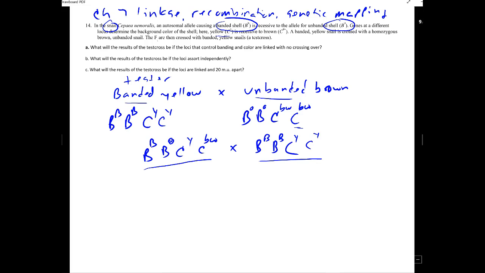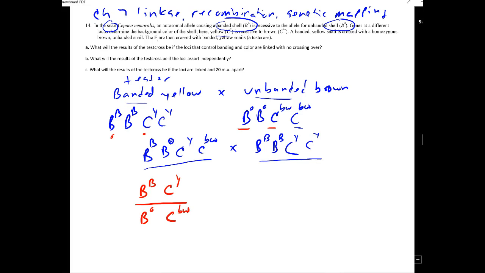Because we started with banded yellow, we now know that banded and yellow started together. And so that means we got one of these chromosomes from this parent and it looked like this. And then we got a chromosome from this parent where we had to get this and this together.